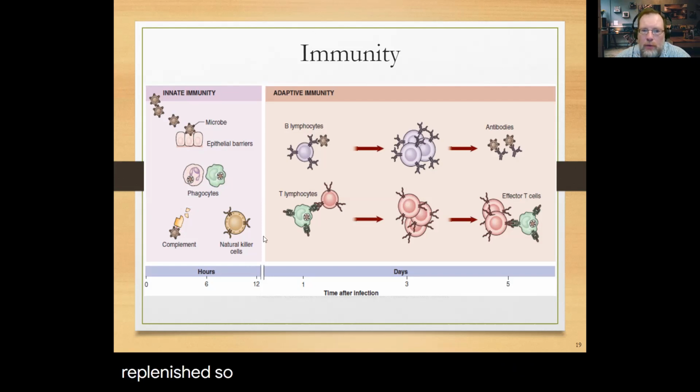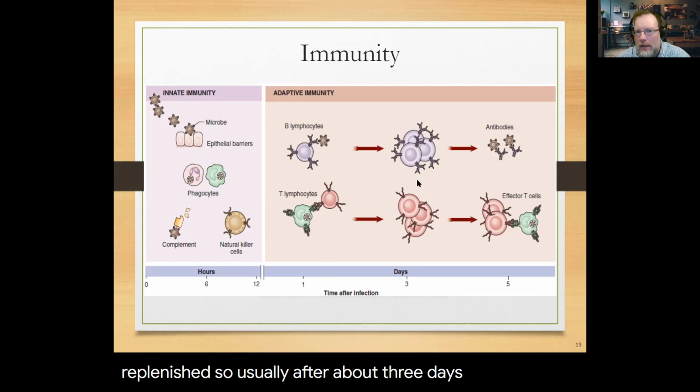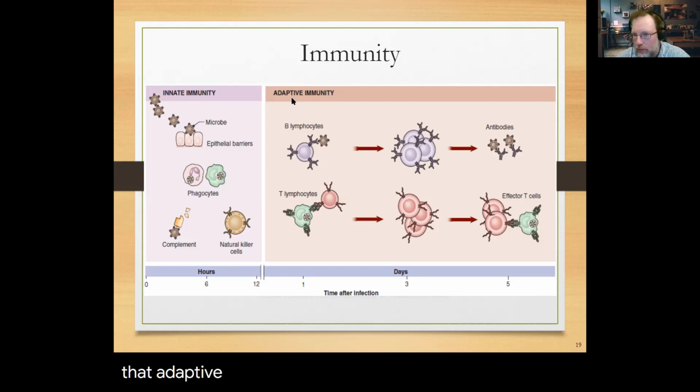So usually after about 3 days, that third line of defense, which got triggered on day one. So the third line of defense got triggered when the infection occurred. However, that third line of defense, which we think of as being that adaptive immunity, is really not prepared yet to send in the troops.